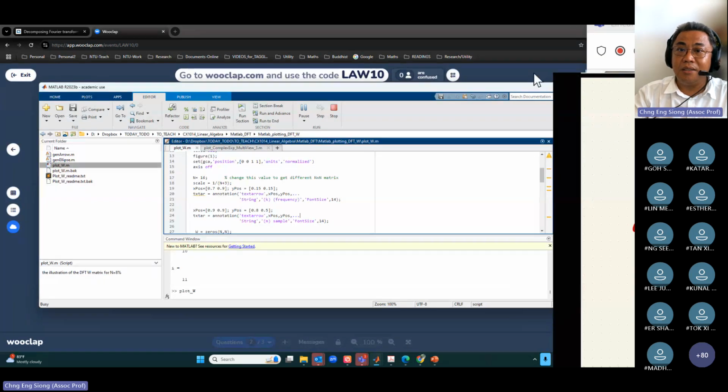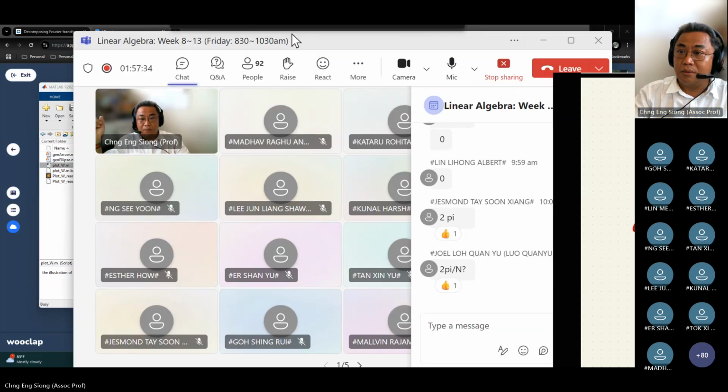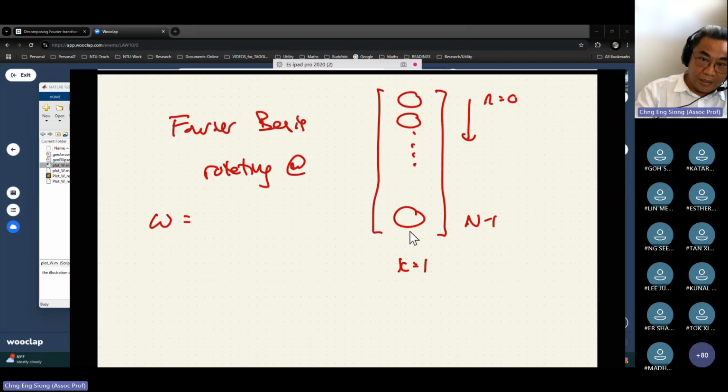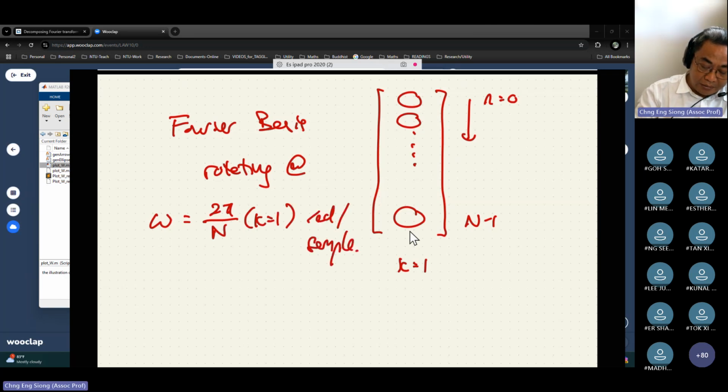So the answer is omega equals to 2 pi over N, here with k equals to 1, radian per sample. So his frequency is 2 pi over N times k, whatever k is. This is the fundamental frequency of the basis.